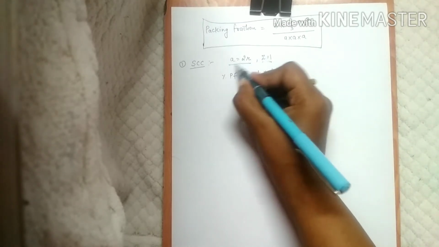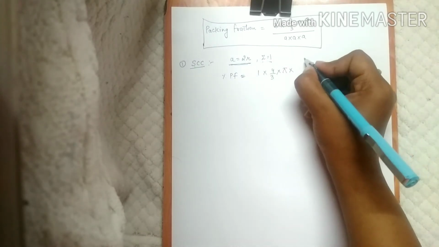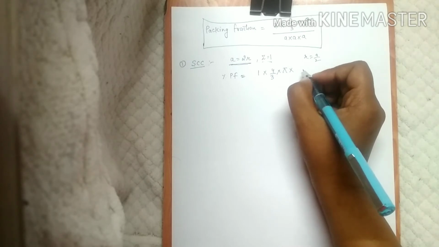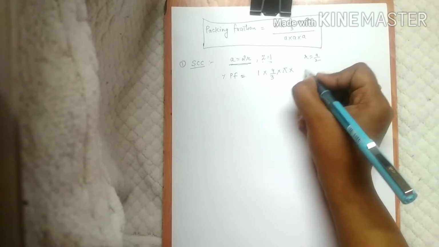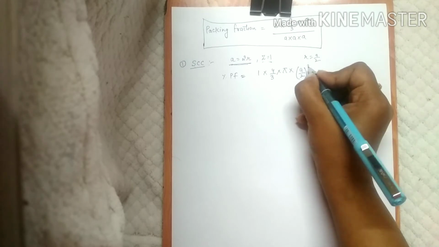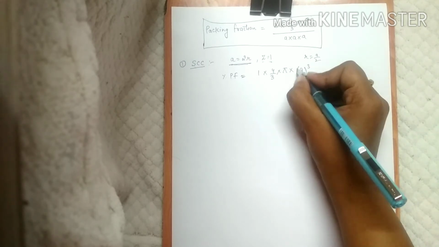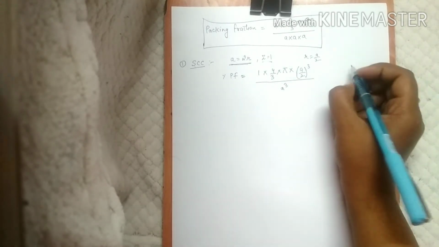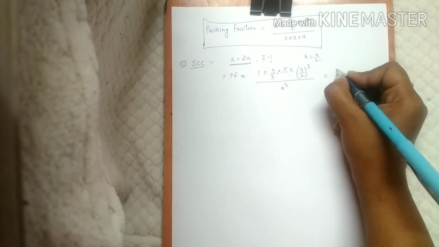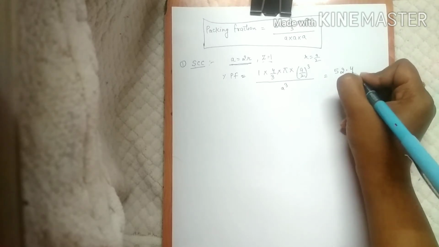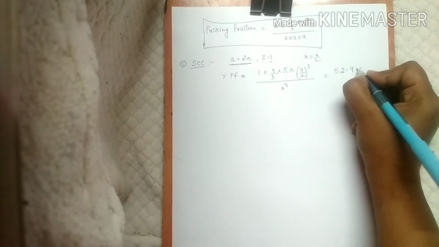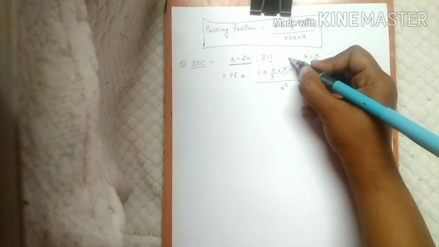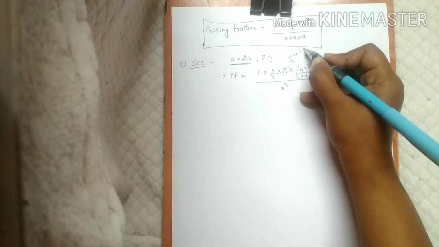For r, from here we can calculate the value of r. r will be equal to a by 2, so instead of r we are writing a by 2, cubed, and below we have a cube. So after solving this you will get 52.4%. I hope you know the value of pi, that is 22 by 7 or 3.14.